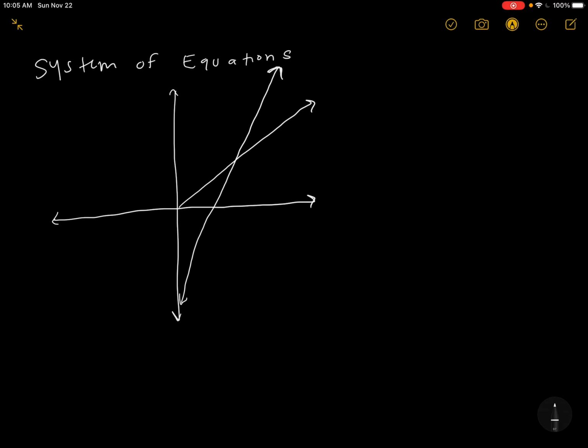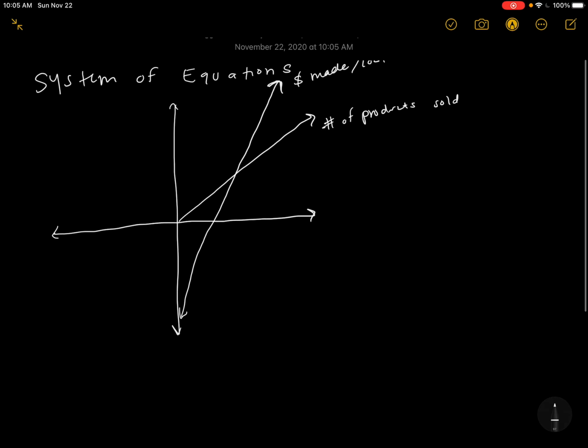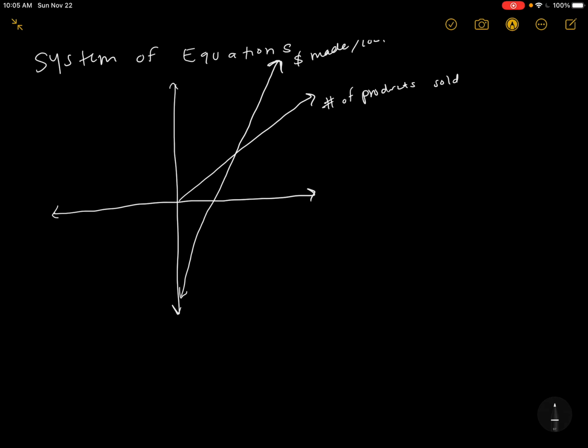So you have two lines: number of products sold, and money made or lost. Oops, it got cut off. Right, so you have two lines.